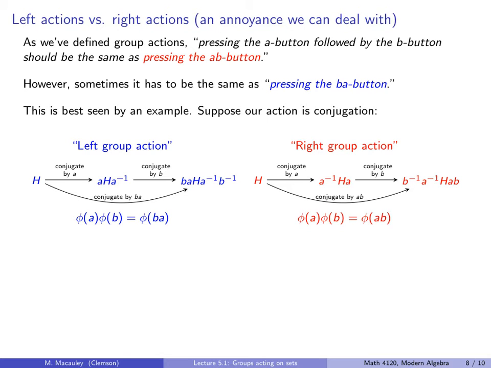So in other words, pressing the A button followed by the B button is the same as the AB button. We say that the former case is a left group action and the latter case is a right group action. And at this point, it's probably not clear why one of these is left and why one of these is right, or what's so left about this example and right about this example. We will see that shortly.